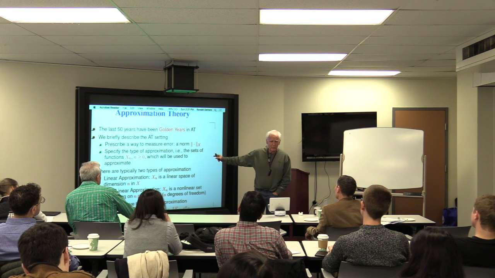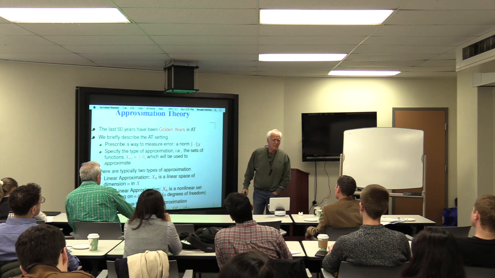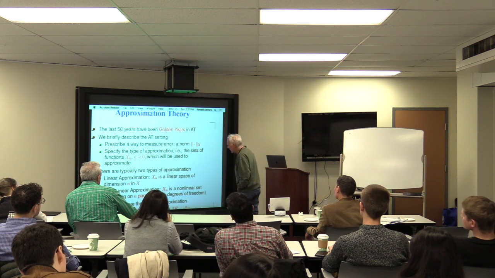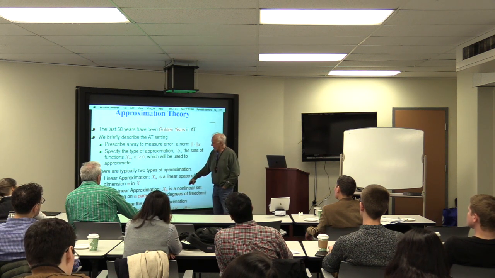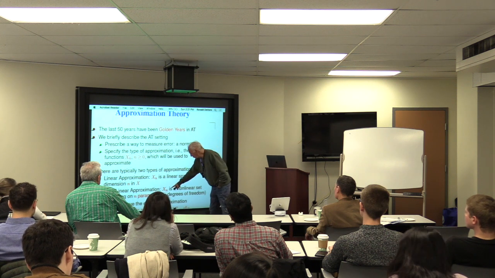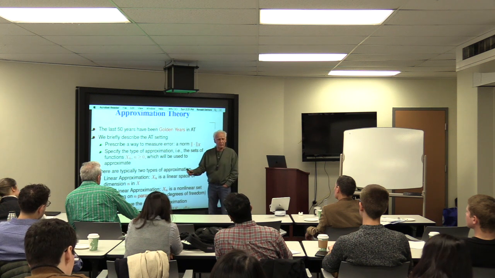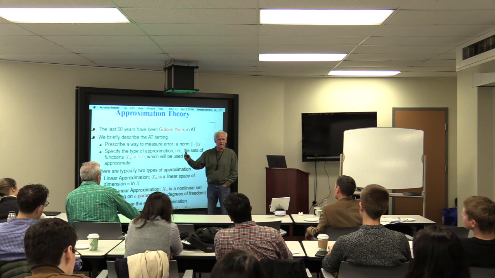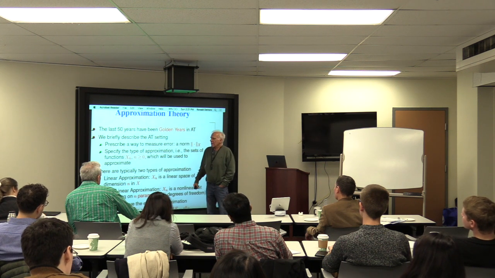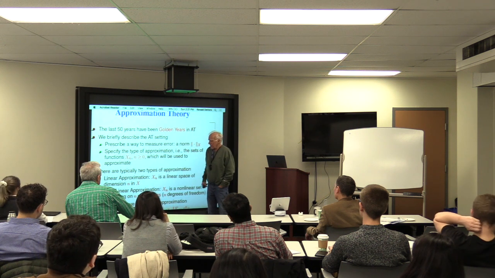That's the question approximation people ask. Given my target function, we call it a target function f, and I'm interested in approximating it. What tool should I use for approximation? What spaces should I use? Should I use polynomials, piecewise polynomials, Fourier? We have a choice. We'd like to understand what we should do.